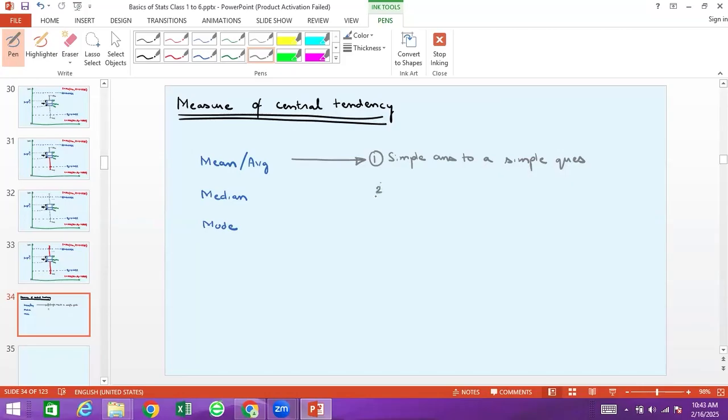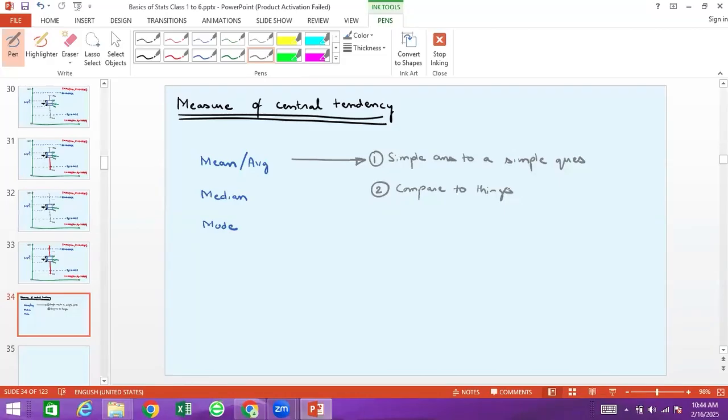Second place where I have seen that we can use averages is to compare two things. Right? If you want to compare two restaurants or two, let's say, different jeans that you're planning to purchase, what do we compare? We compare their average rating.